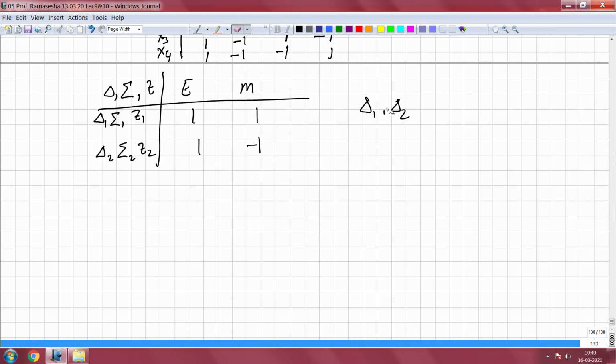Let me give them separately. Delta 1 is compatible with gamma 1, gamma 3, gamma 5, X1 and X4, whereas delta 2 is compatible with gamma 2, gamma 4, gamma 5, X2 and X3.